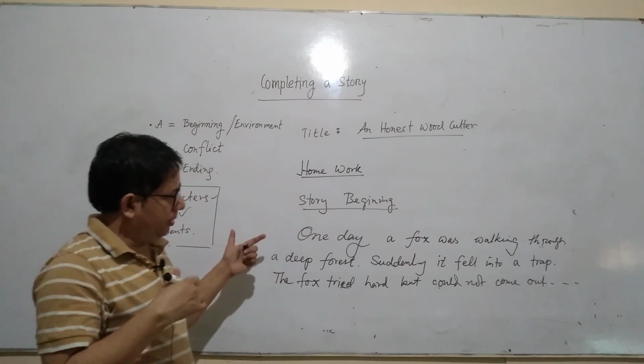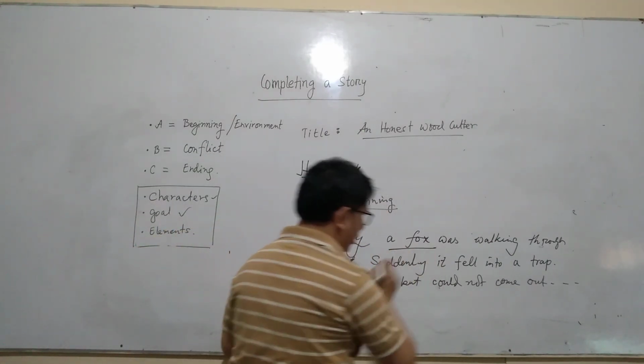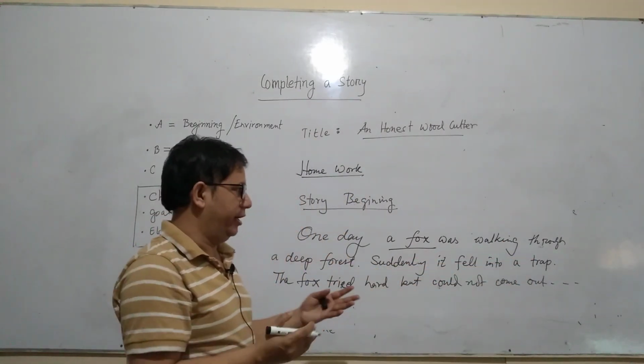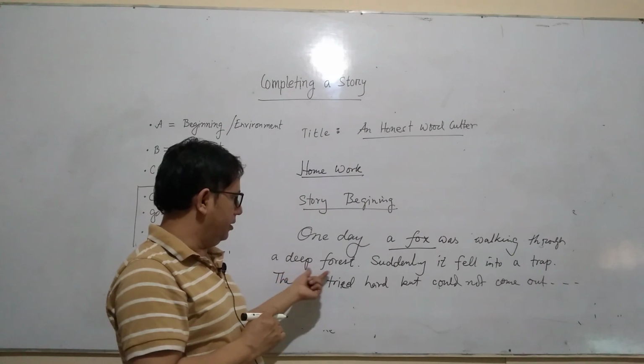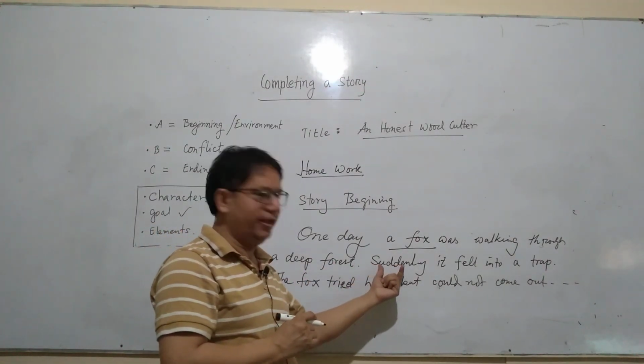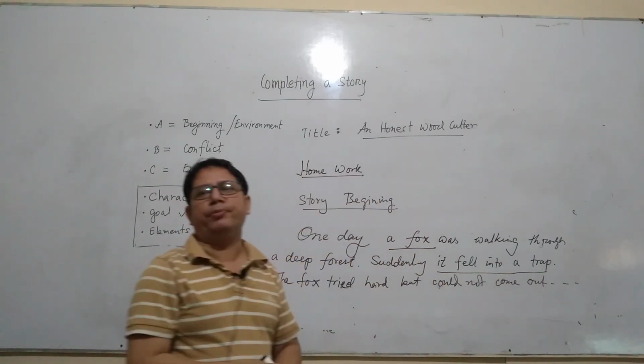Now, this is the story beginning. Here the fox is the main character, walking, a day-to-day activity, and the forest is the environment. Suddenly is a problem. Suddenly it fell into a trap. This is the problem.